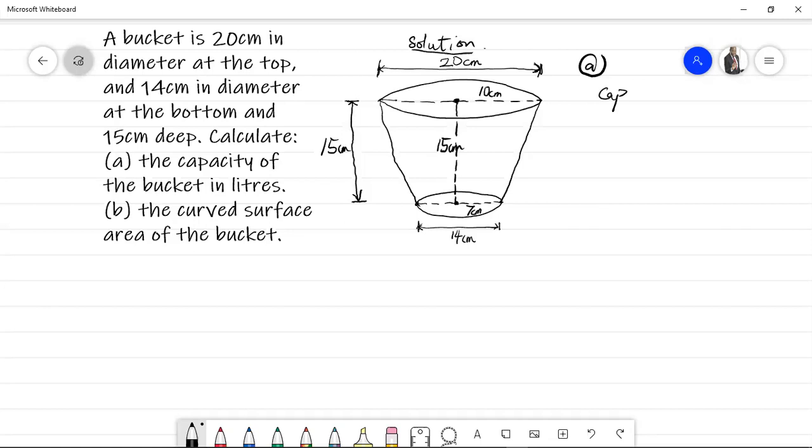Capacity of bucket is simply equal to volume of bucket in liters.